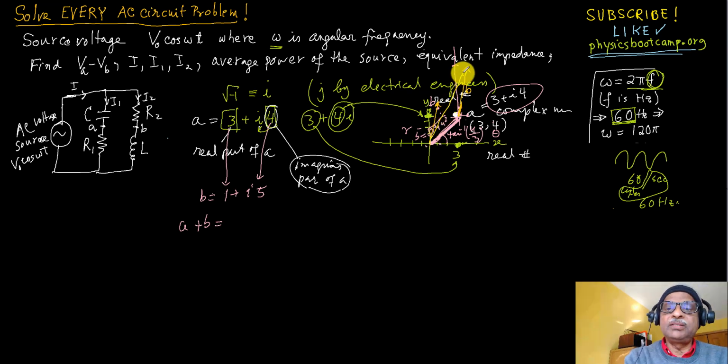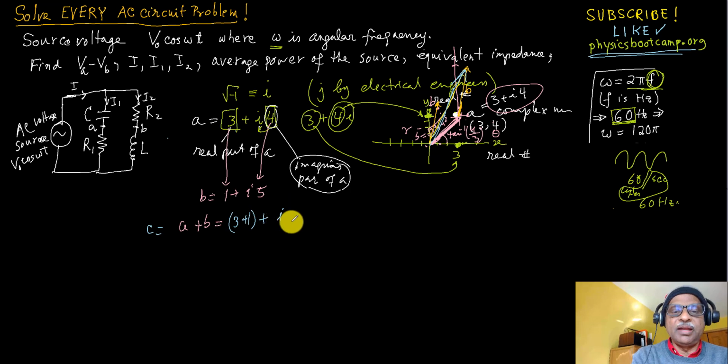The vectors are a very nice way of thinking about it. So C is the sum: the real part of this plus the real part of that, 3 plus 1, gives the real part, and then 4 plus 5. So we got the number 4 plus i 9. How about multiplying?